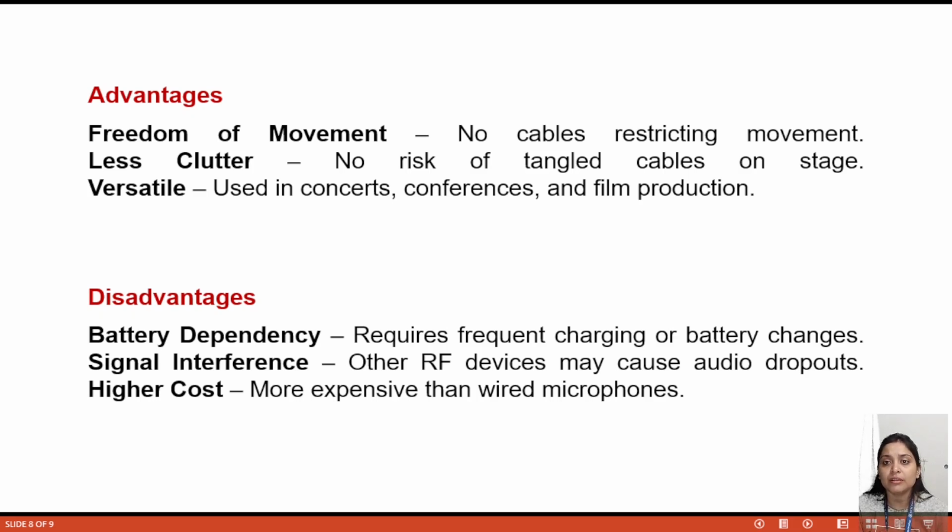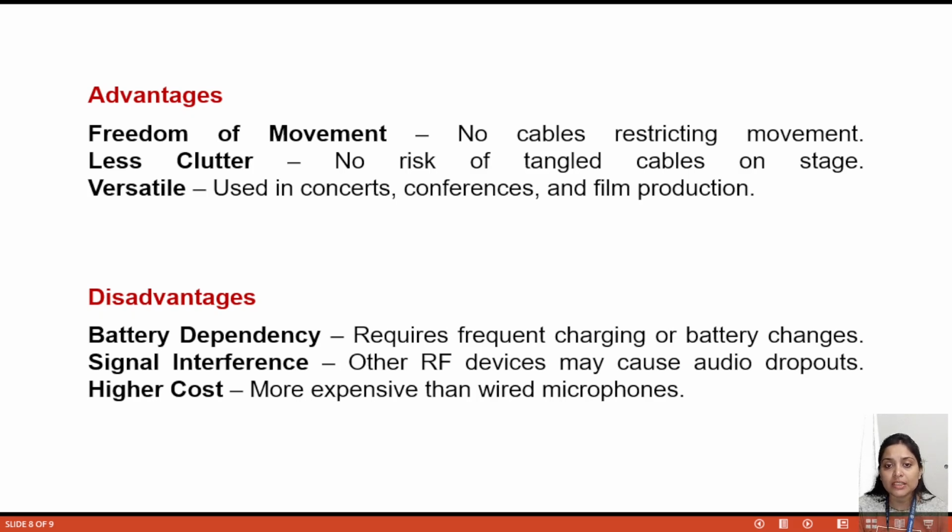Less clutter, that means no risk of tangled cable on stage. It is very useful for stage performance. Versatile means used in concerts, conferences and film production. Nowadays everybody uses this wireless microphone. Wired microphones are almost disabled, so everybody prefers this one.